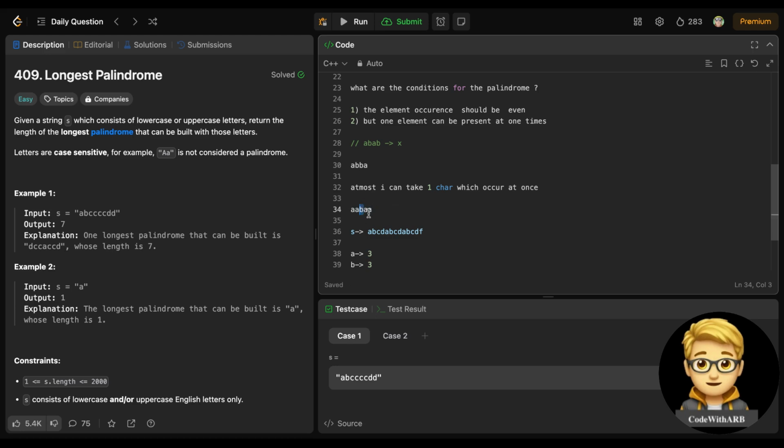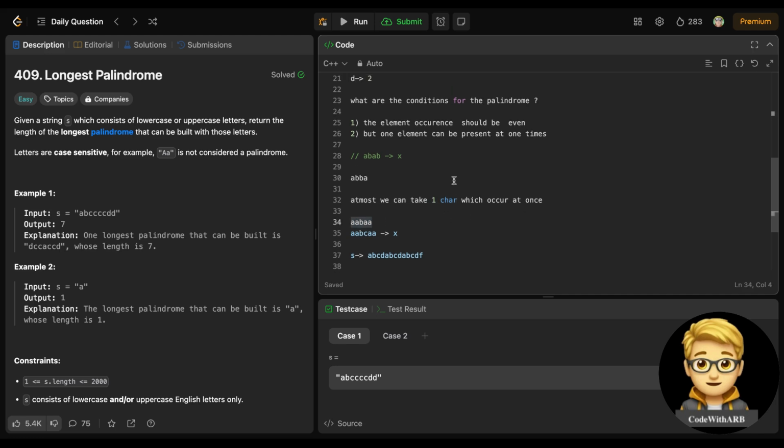But we can't take something like AABCAA, because due to this BC it is not a palindrome. So this AABAA works. At most we can take one character which occurs once. Otherwise, all the different characters should be present an even number of times.